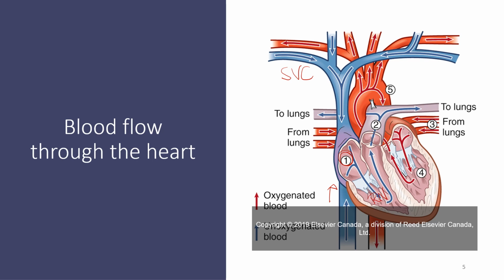From the right ventricle, this blood is taken to the lungs, where it will pick up oxygen. From the lungs, you can see number 3, blood is returning from the lungs, and that blood enters the left atrium of the heart, through the mitral valve, previously known as the bicuspid valve, into the left ventricle of the heart, and then goes via the aorta, which is number 5, to the rest of the body.